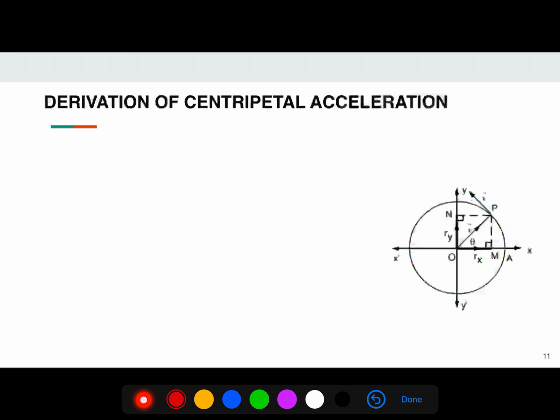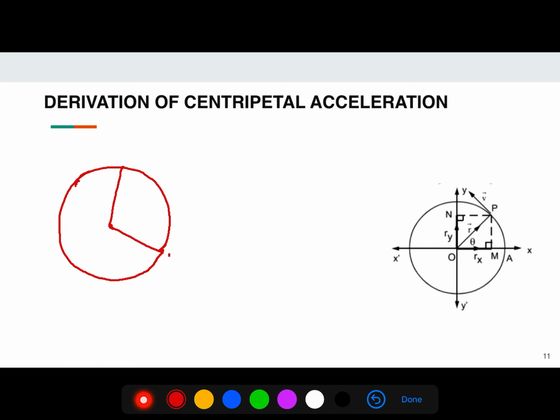Now, the derivation of centripetal acceleration. Suppose a particle is moving along a circular path, and this is the center.